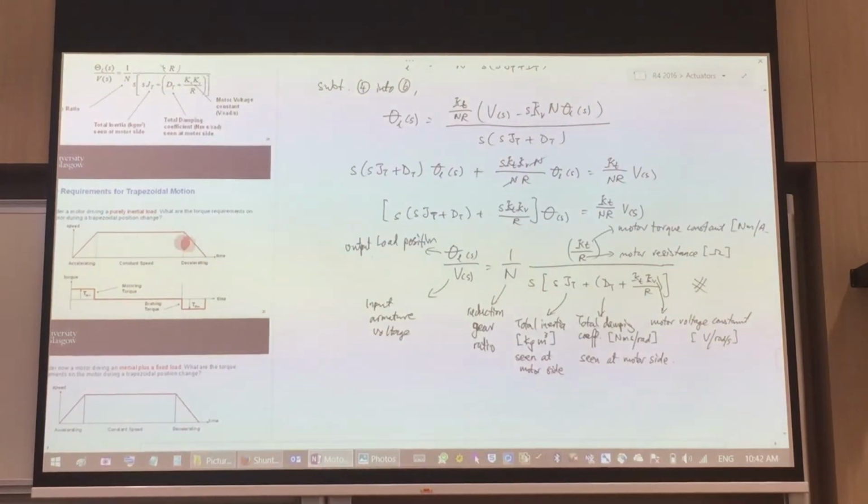You start with a step torque, and that step torque is going to accelerate the motor to a certain value, which later on we'll be able to calculate.